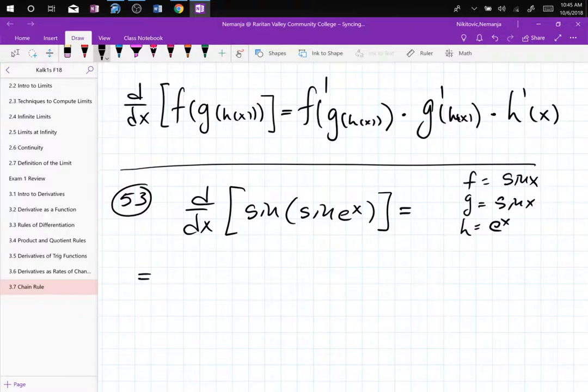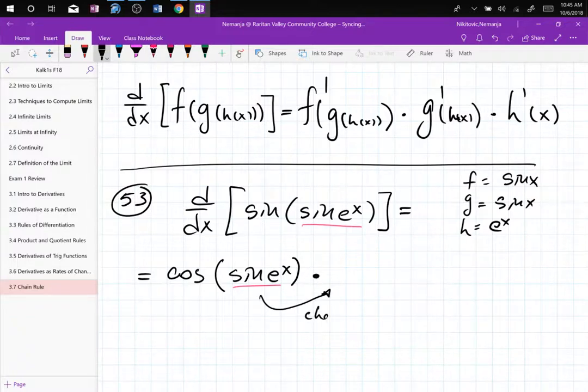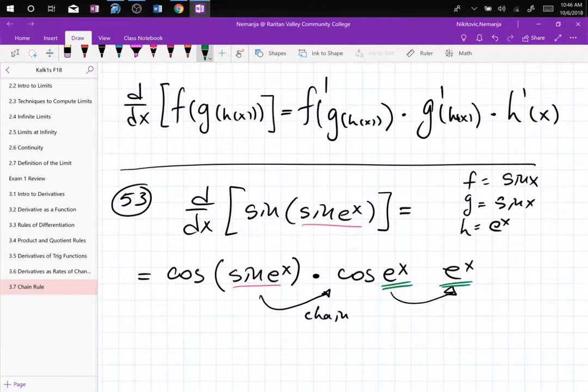Here we go. The derivative of sine is cosine with sine e to the x as its inside, times, now we go the chain, the derivative of sine of e to the x is cosine e to the x, and finally the derivative of the inside is e to the x, and there it is.